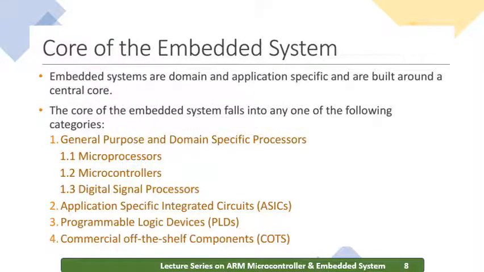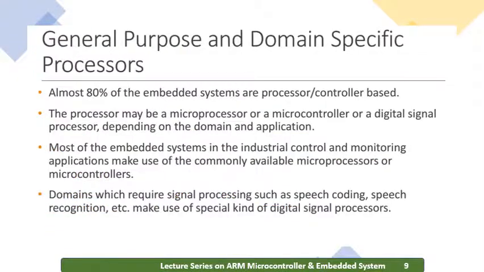Coming to the first part, that is the core of an embedded system. The core might be a microcontroller, microprocessor, DSP, PLD or commercial off-the-shelf components. So when we talk about general purpose and domain specific processors, almost 80% of embedded systems are processor or controller based.